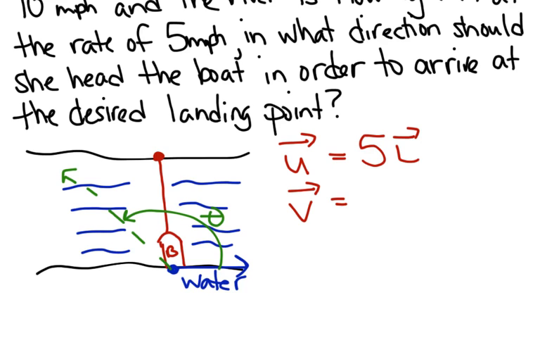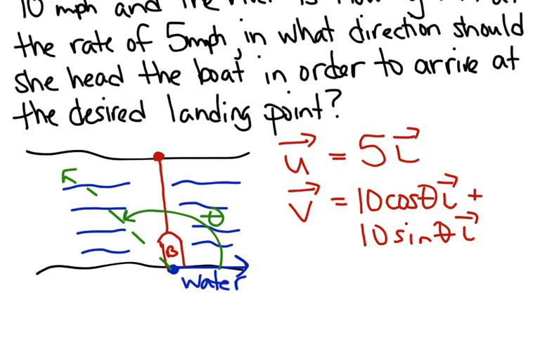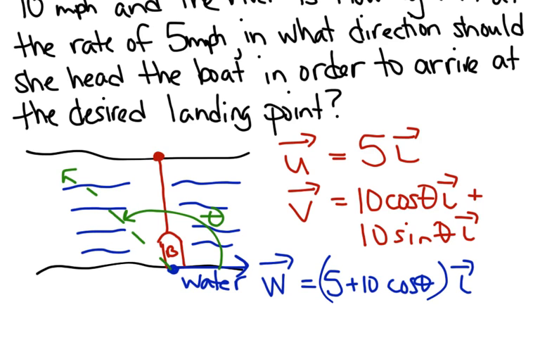So the boat is actually going 10 cosine theta i plus 10 sine theta j. Its true velocity, w, is the sum of those two. It's 5 plus 10 cosine theta i plus 10 sine theta j.